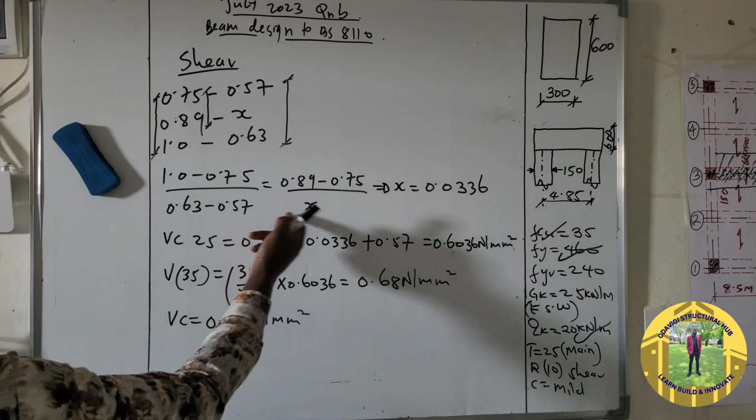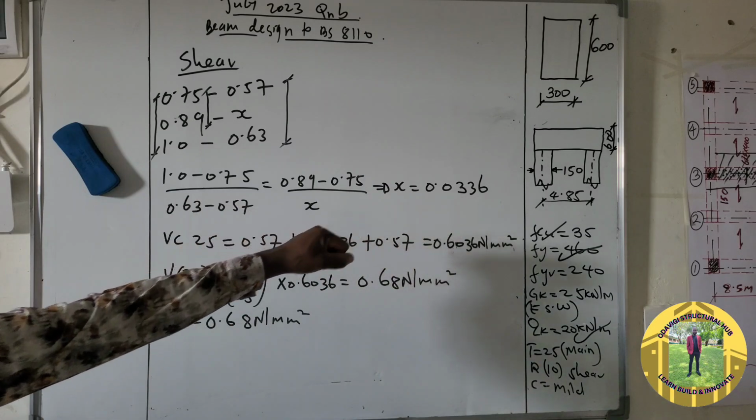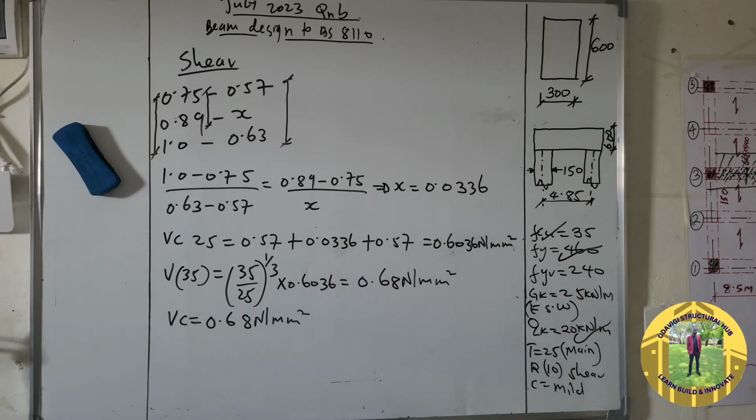Then you make x the subject of the formula, which implies x is equal to 0.0336. So I have skipped that and gone direct to the answer, which is 0.0336.